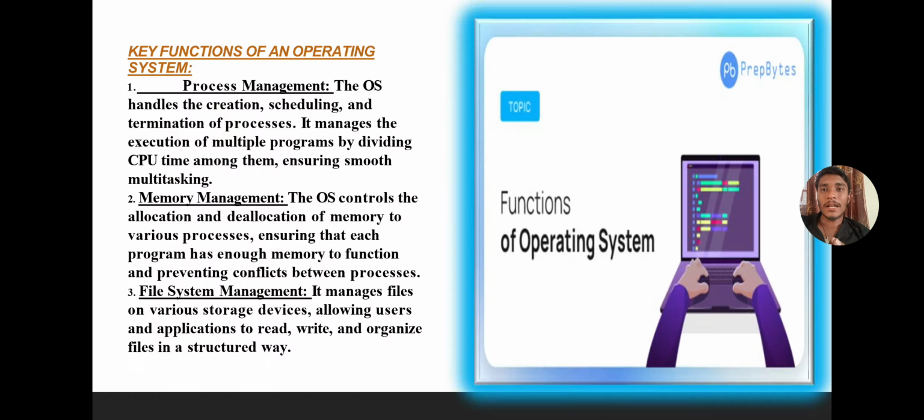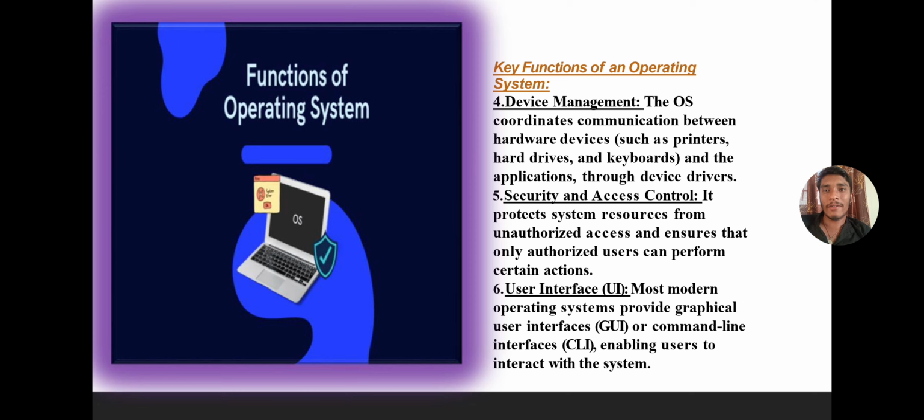So with this introduction, I am going to give some key functions of the operating system. There are six main key functions: process management, memory management, file system management, device management, security and access control, and user interface.